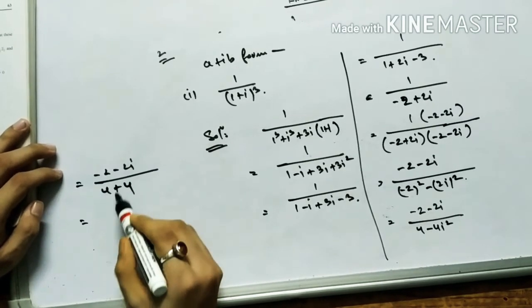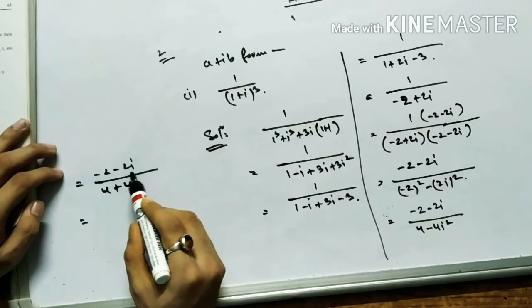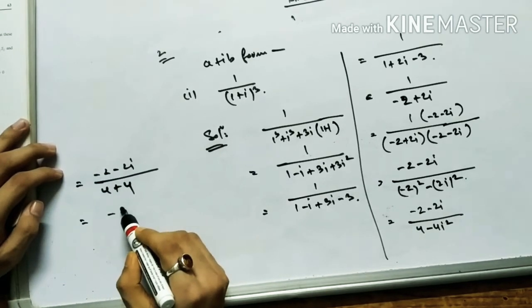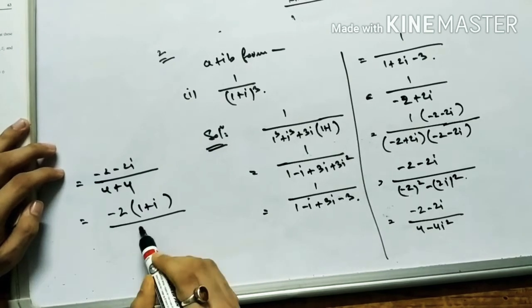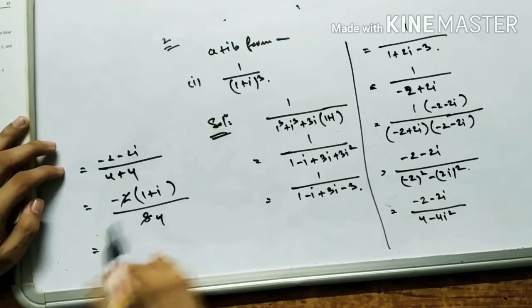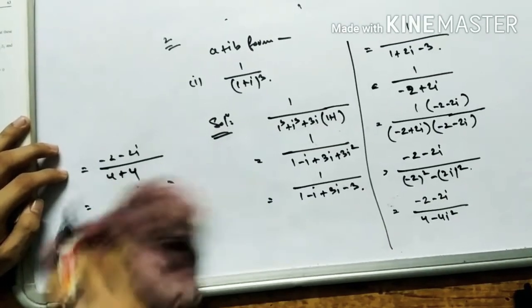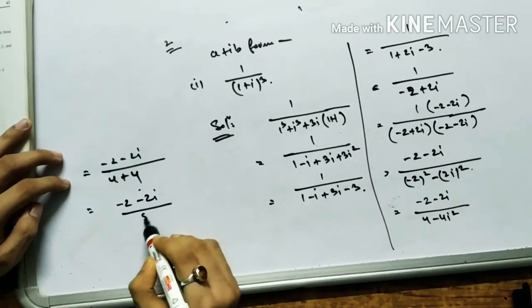Let me do it in this way, no need to take common here. This will become minus 2i by 8.